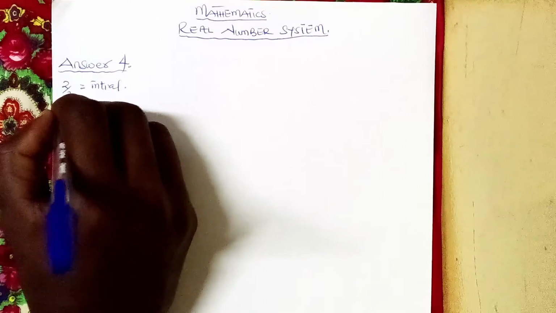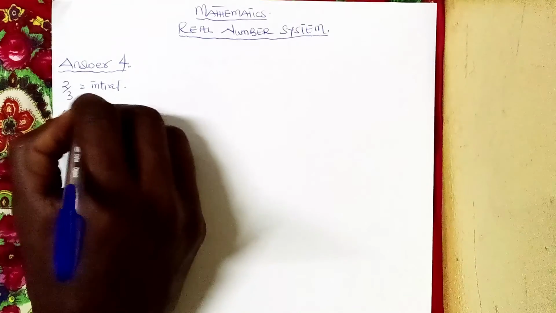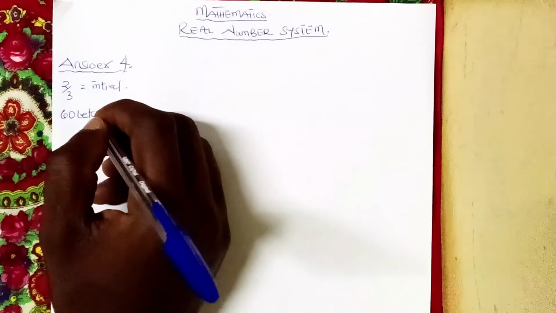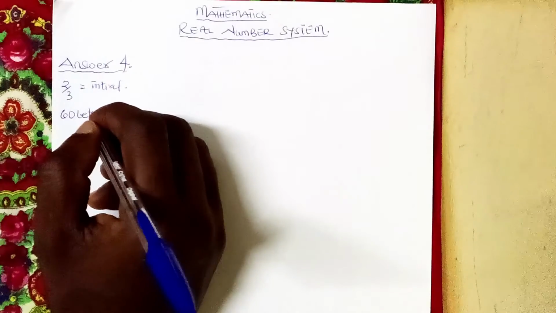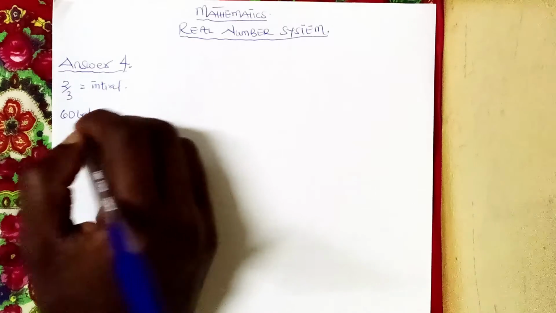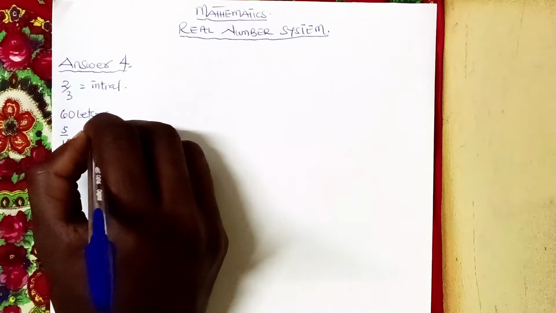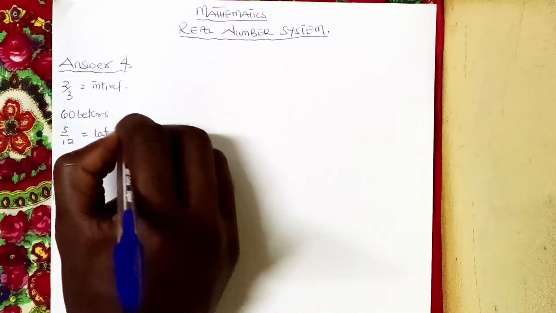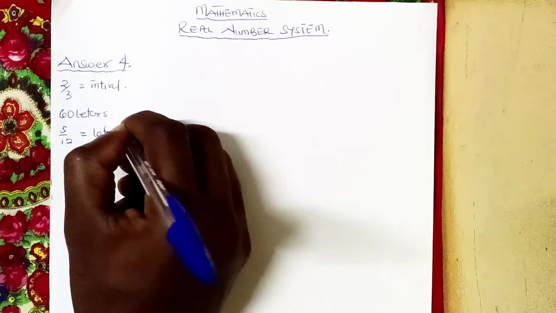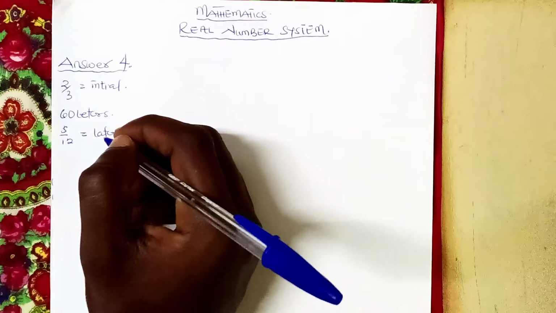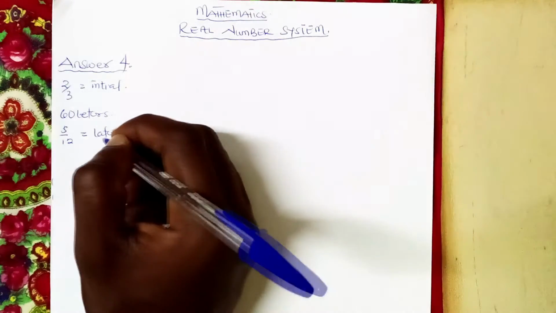After 60 liters was used, we had it to be 5 on 12 full. So we don't actually know the fraction which is equal to 60 liters.